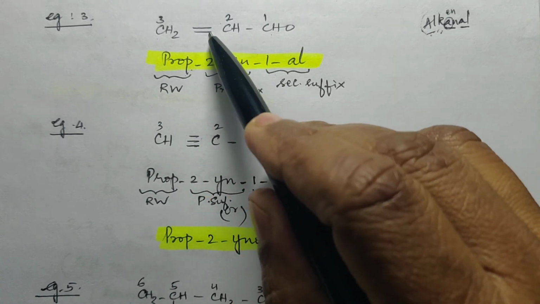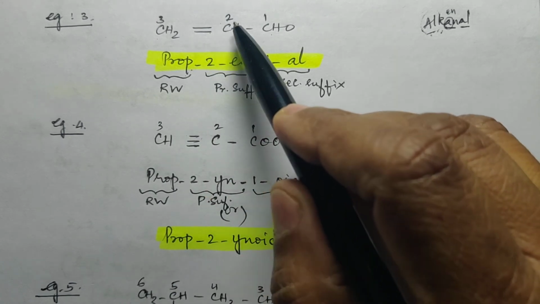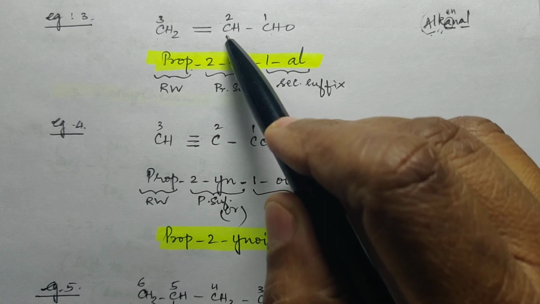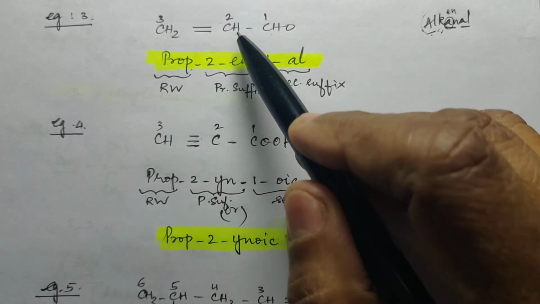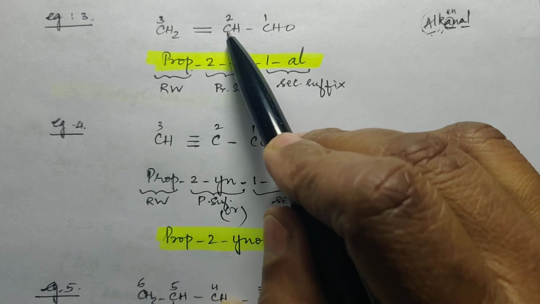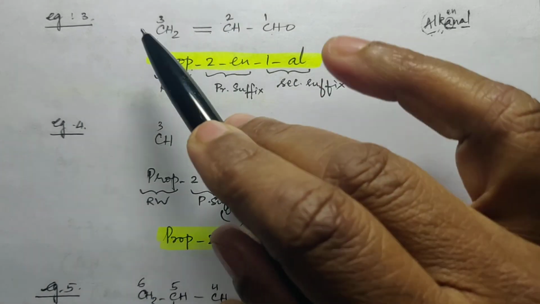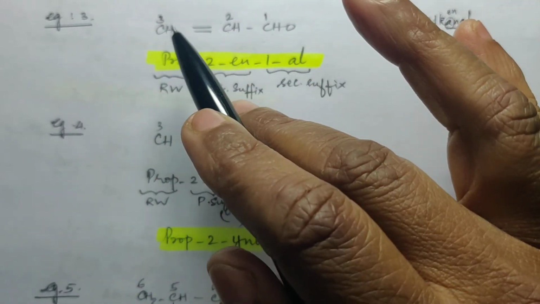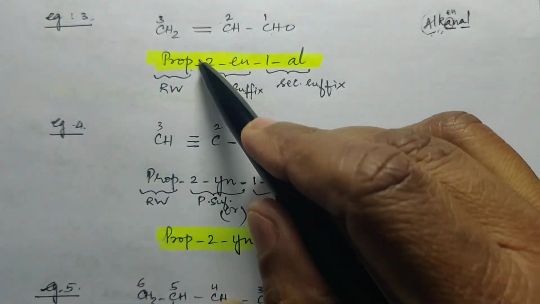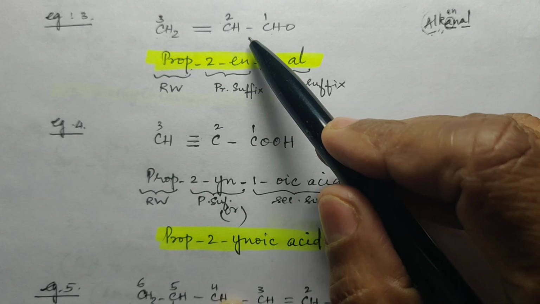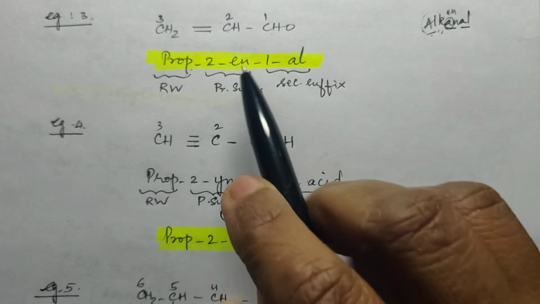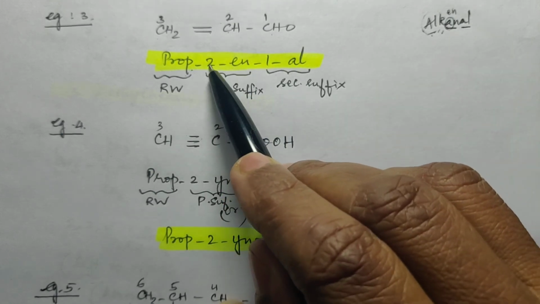Then this primary suffix जो लिखते हो, whether it is saturated or unsaturated, अगर unsaturated है उसकी position भी बताना ज़रूरी है. ठीक है. वो double bond जो है second and third के बीच में है या 1 and 2 के बीच में है, कहाँ पे है वो position बताना ज़रूरी है. So instead of AN you will write EN, and you will also write the position of the double bond.